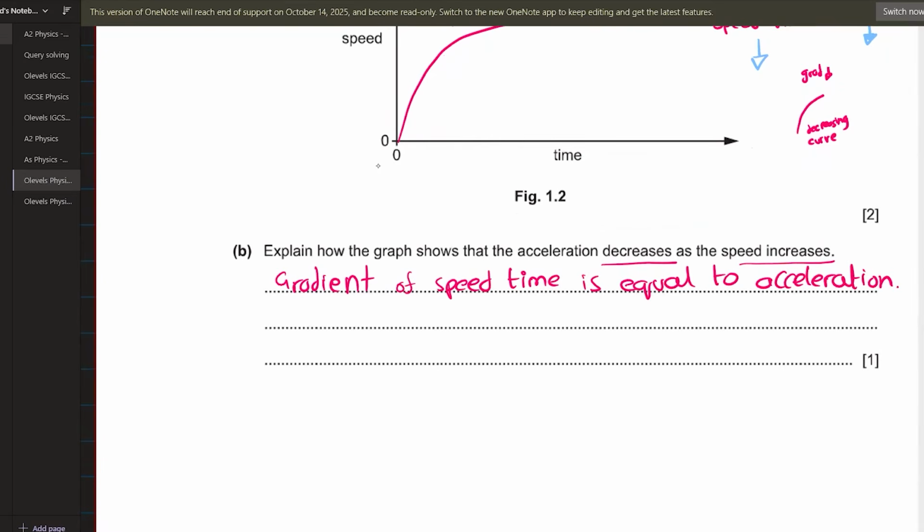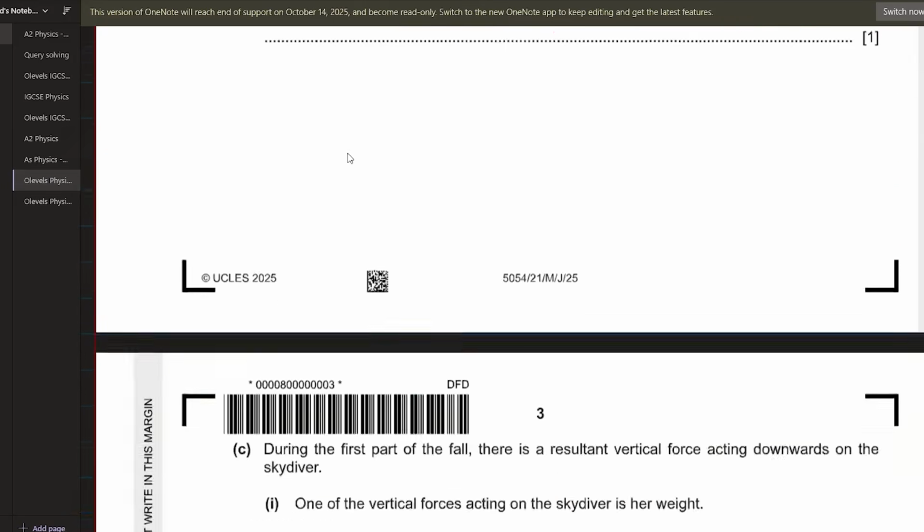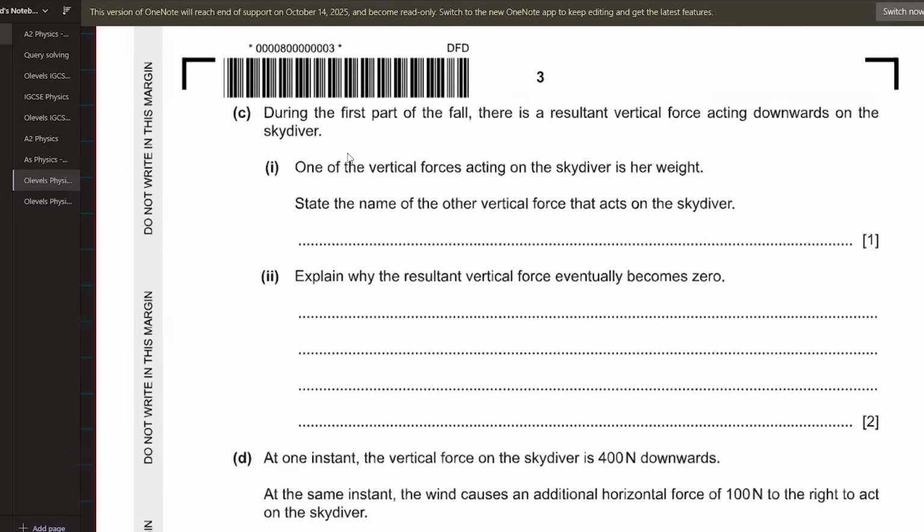As speed increases, gradient decreases. Hence, acceleration also decreases. Simple. Let's further move ahead.